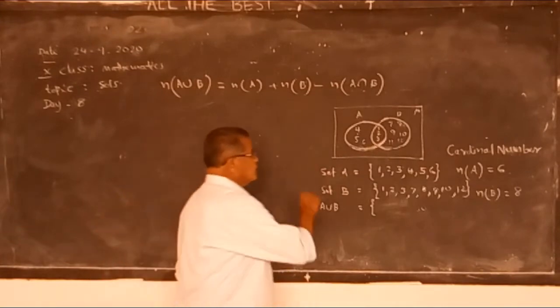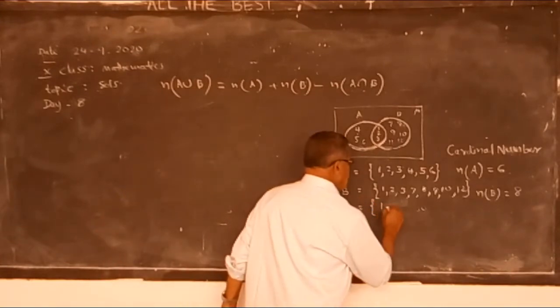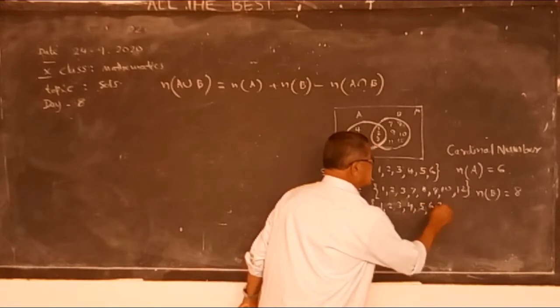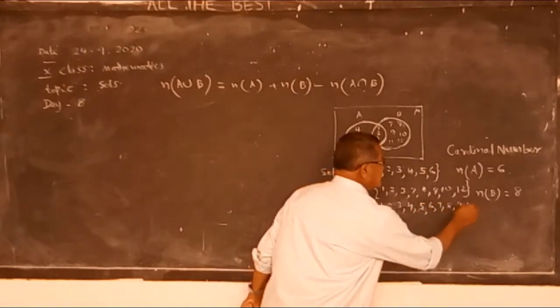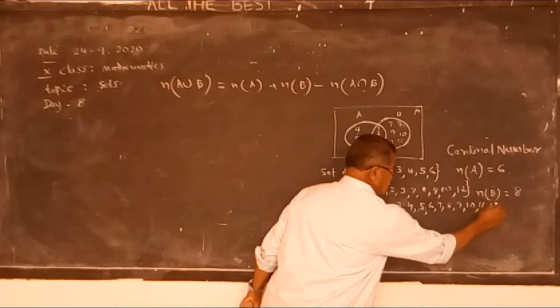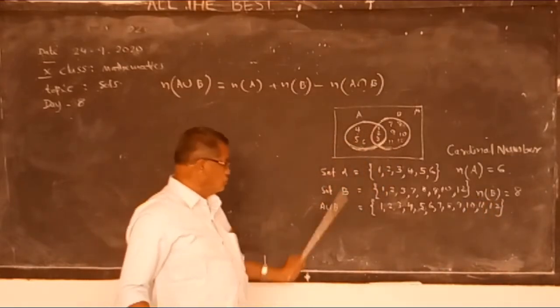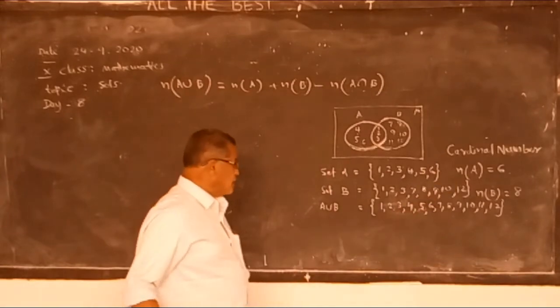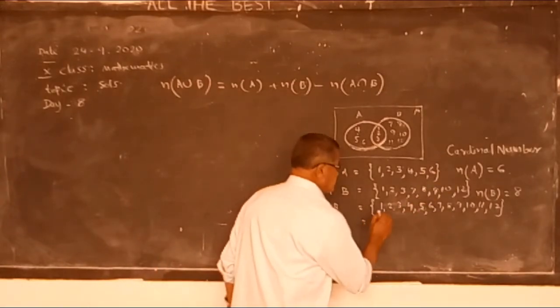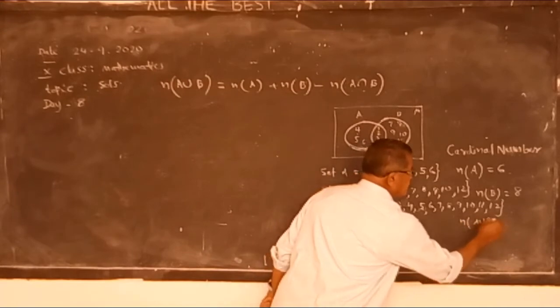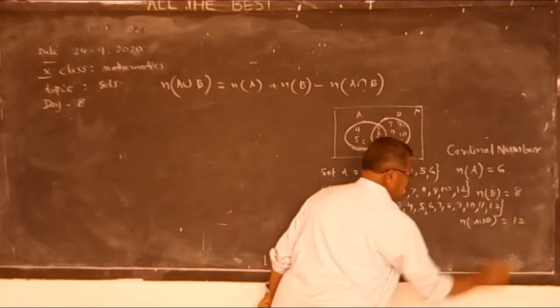So in union, you combine all the elements. See, from 1 to 12. The cardinal number n of A union B is 12.